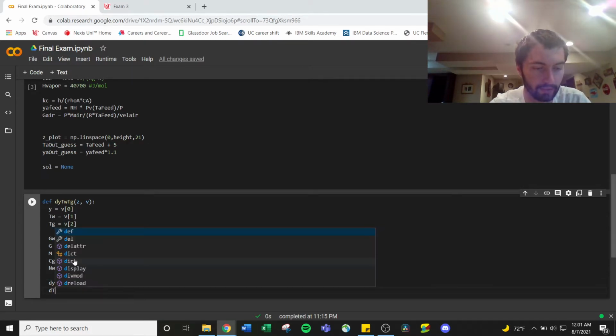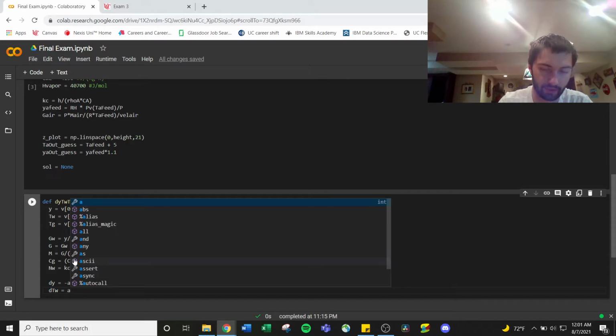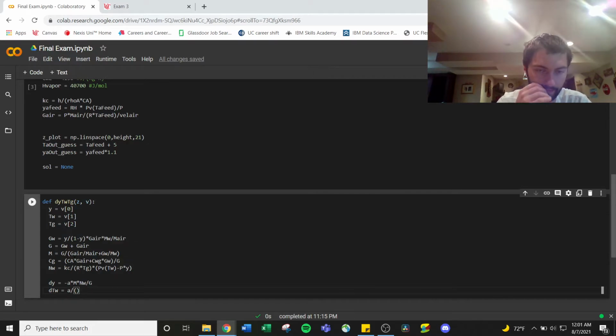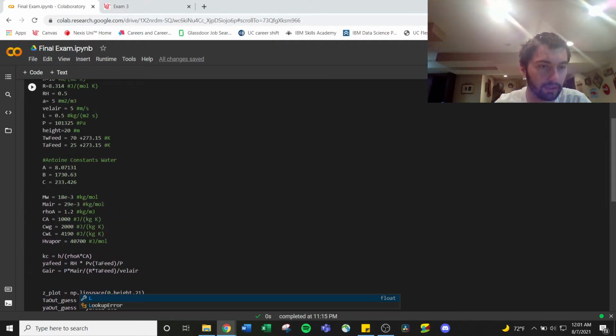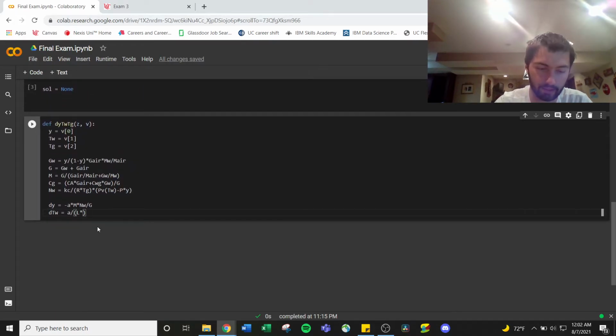Then we'll go on to the change in temperature of the water with respect to position, and that one was equal to specific area divided by liquid flow rate, which I think I just named L. Yep, L times the specific heat of the liquid, CWL.